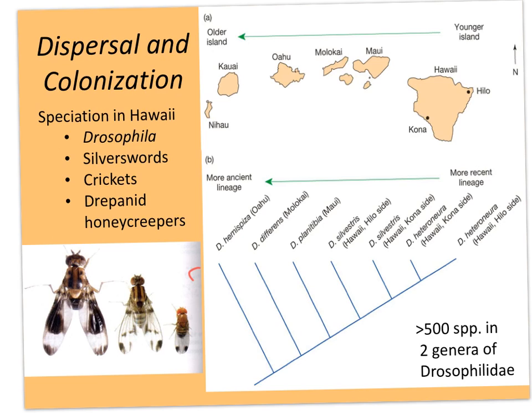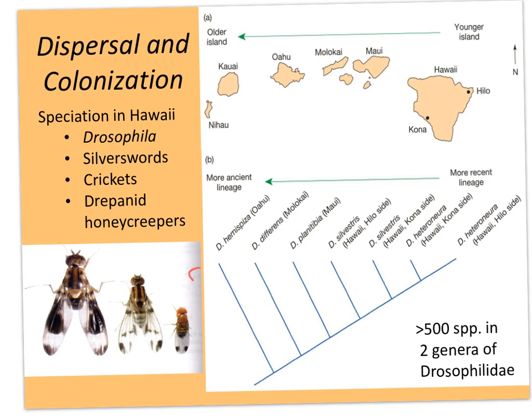At one point, some Drosophila probably got blown thousands of miles and landed on Kauai, because that's the oldest island there. And then, eventually, Oahu, volcanic activity, later the whole Maui bunch, Molokai and all that, and then right now we're with Hawaii, and then over here there's another island that's starting to form. Well, these fruit flies dispersed from one island to the next. And there's a fair amount of distance, so there was a lack of gene flow, and they started to differentiate.